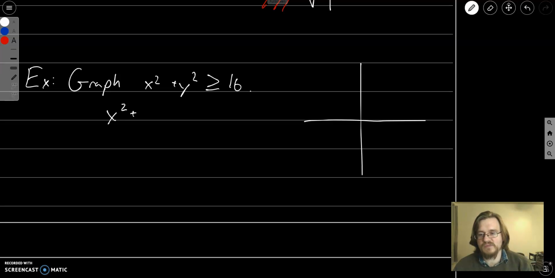So we get x squared plus y squared is equal to 16. And when we look at this, this is the equation of a circle. Remember that with a circle, we can figure out the center. Since this is x minus 0 squared and y minus 0 squared, the center is at 0, 0. And the right-hand side is the radius squared. So if the radius squared is 16, that means the radius is 4.